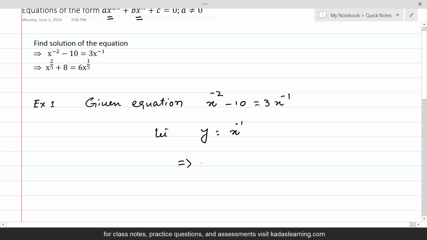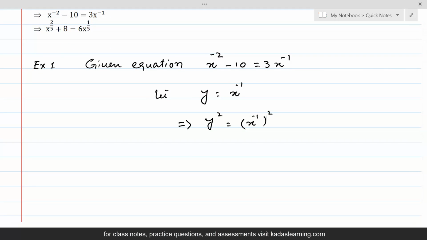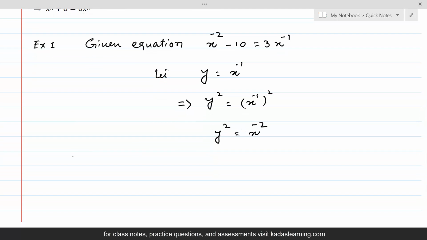If we take square on both sides, y squared is equal to (x^(-1)) to the power 2. And according to the laws of exponents, if we multiply minus 1 and 2, we will have y squared equal to x^(-2). Let's make these substitutions in the given equation.